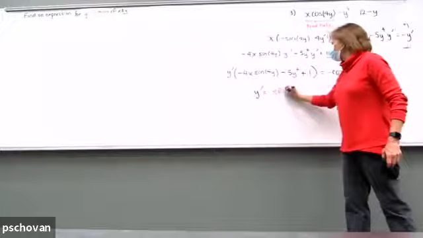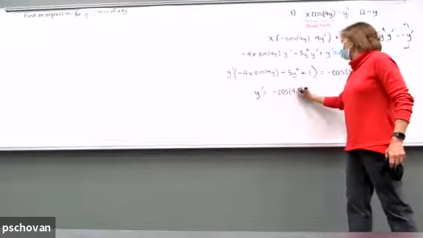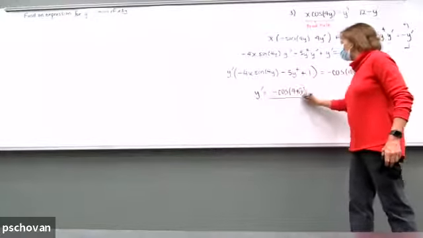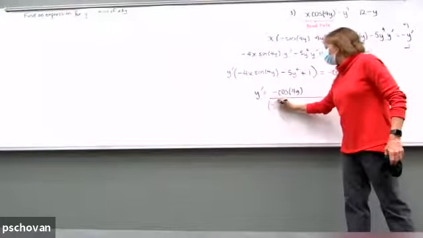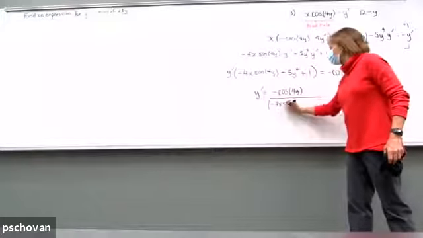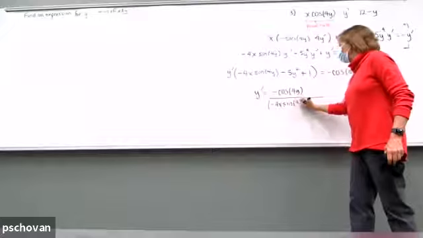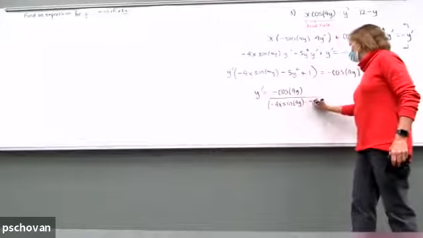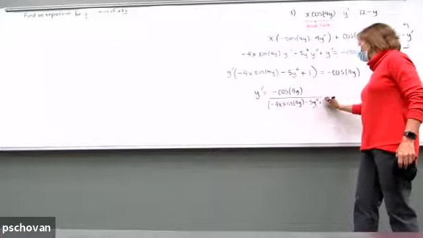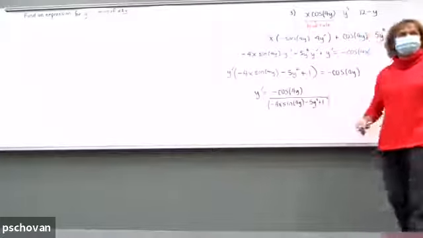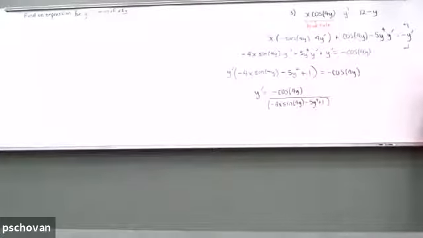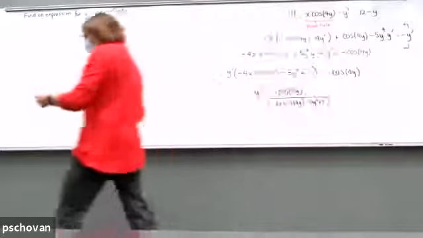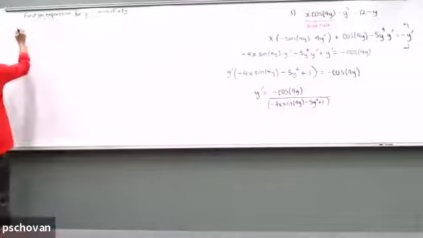Minus cosine of 4y divided by all of that: minus 4x sine of 4y minus 5y to the 4th plus 1. Question?